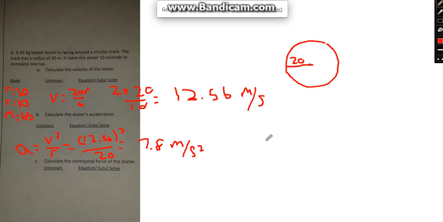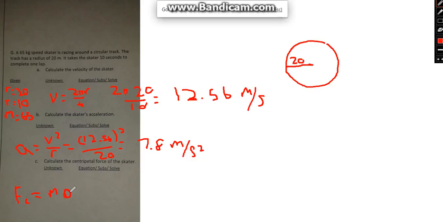Okay, don't forget that. And the final one, calculate the centripetal force of the skater. By now it should be a habit, but just in case it's not, force in general is equal to mass times acceleration.